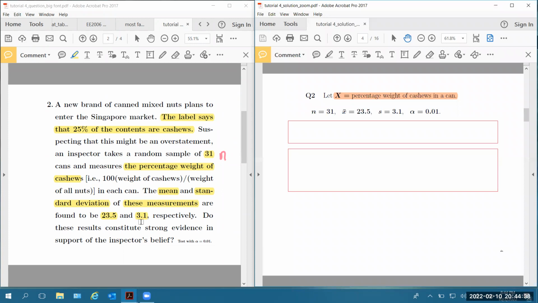Now, are they the sample data or is it from a population? Yeah, class. The 23.5 and the 3.1, are they sample data or population data? They are samples. Yeah, they are actually sample data.